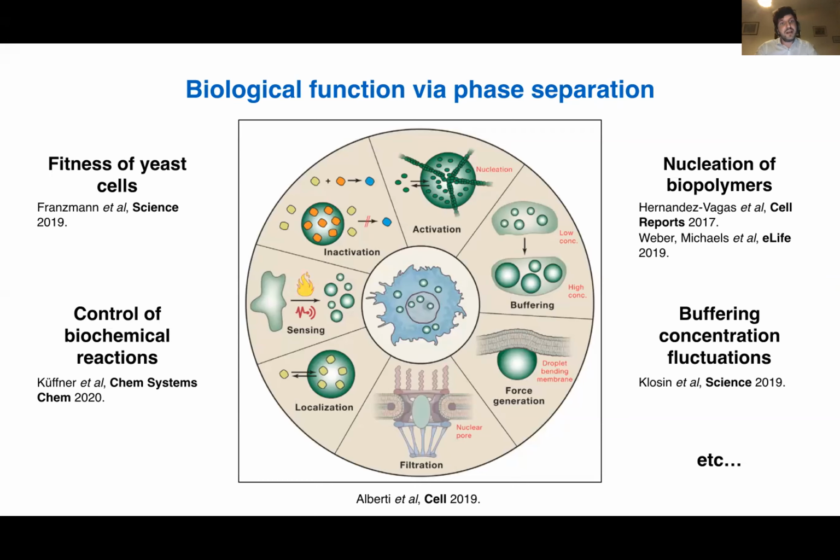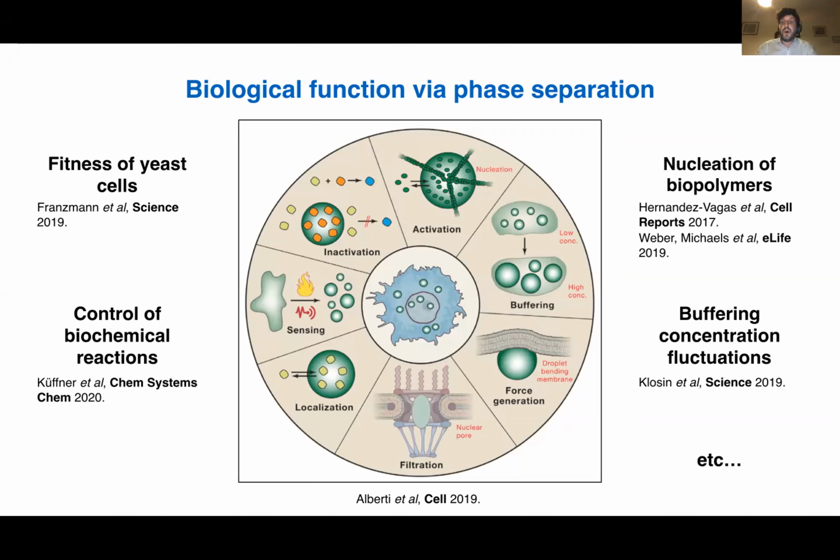Another very interesting idea is the control of biochemical reactions, for example, enzymatic reactions. And in this context, I should say that I've recently become very interested in understanding this aspect, and I've started a very nice collaboration with Jeremy precisely on this point. And there are in the field really a lot of other very nice ideas.